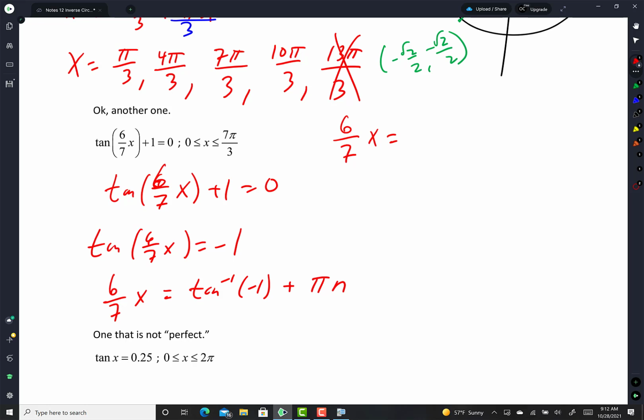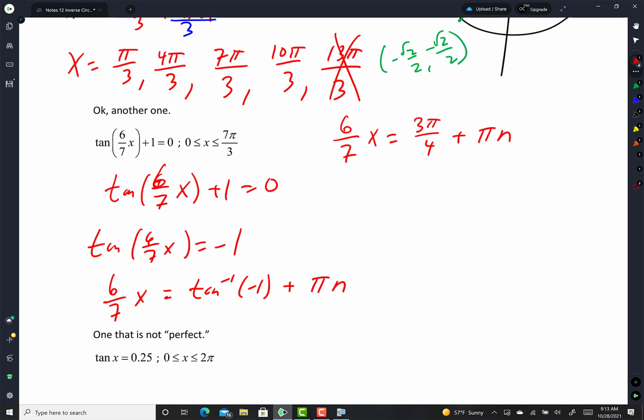So which one? It's 3 pi over 4. But the pi n is going to give me all the answers, so don't worry about getting the other one in quadrant 4, because if I keep adding pi, you'll get all the answers.